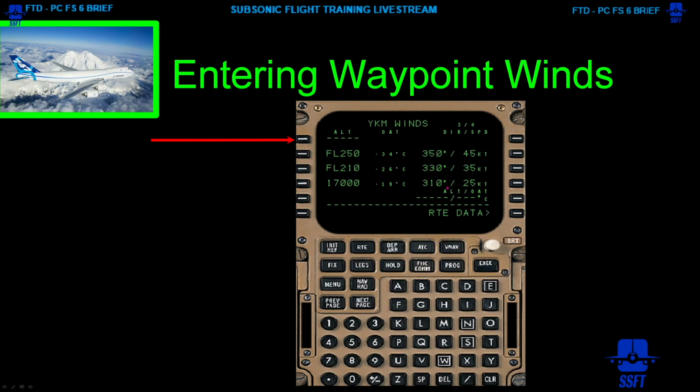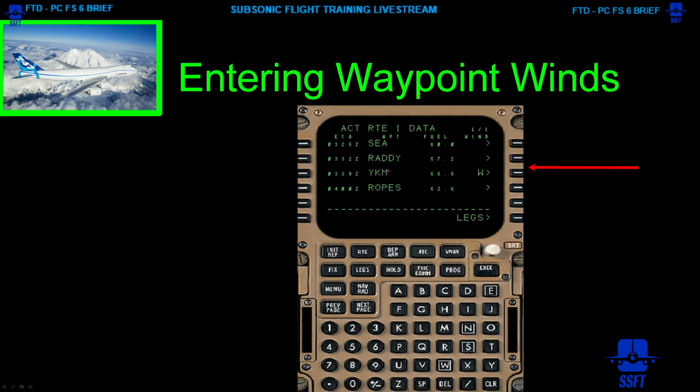And once you put any wind in, whether it be 1, 2, 3, or 4, and then you go back to the route data page, you'll notice there's a W, and the W means that it's pilot entered winds. So we have entered 3 altitudes and 3 winds at Yakima, so it'll have a W next to it, indicating that we've entered something for Yakima for the waypoint winds.